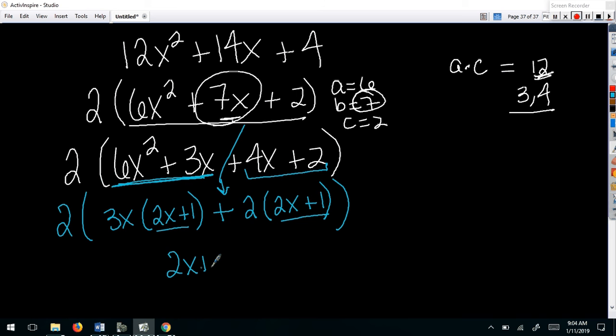In other words, I'm going to take this, and what's left? plus 2. So if you were to take that whole 2x plus 1 as one big piece and distribute it to the 3x and then to the 2, you'd come back to what you had before, right? The 2 is still outside, and it is now factored.